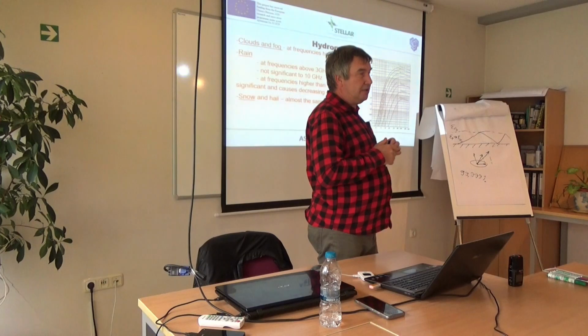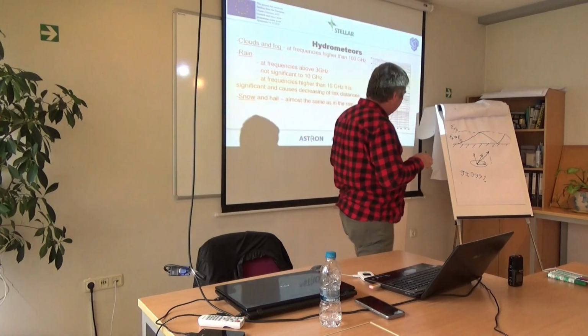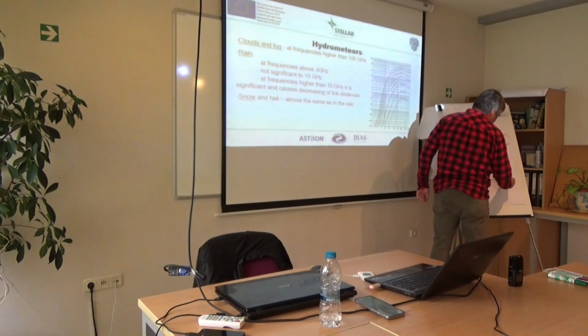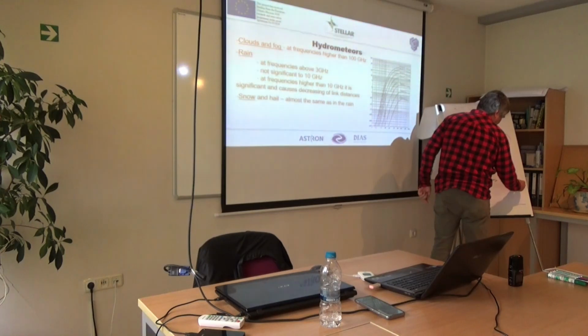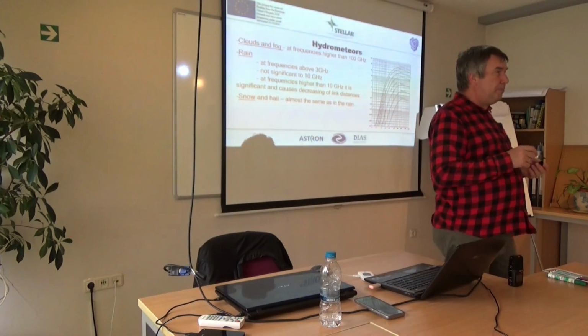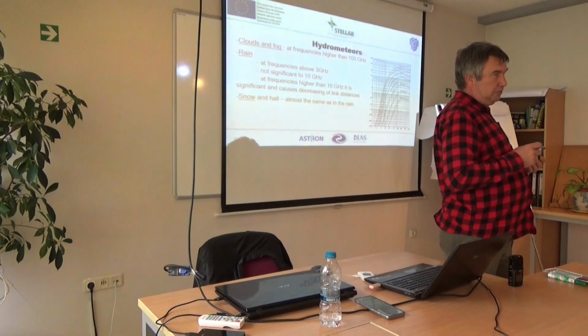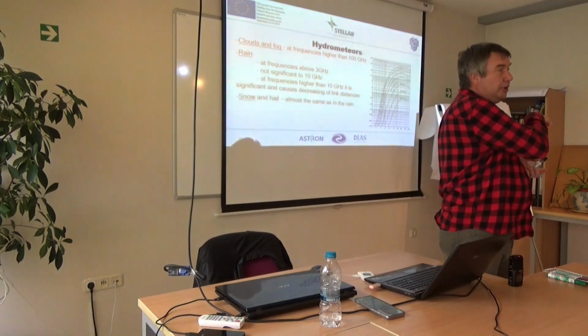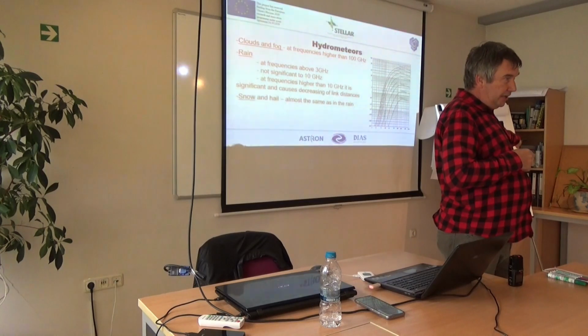Reliability. Yes, reliability. And in this case, you take rain rate for 0.001%. This is around 50 millimeter per hour for Bulgaria. And we calculate your link with this rain rate.